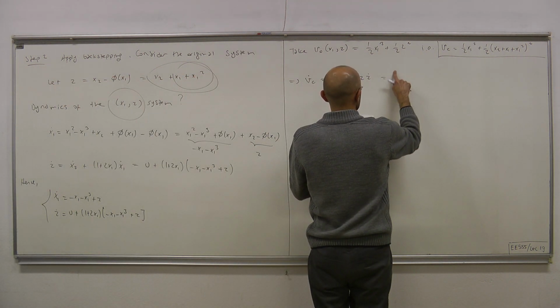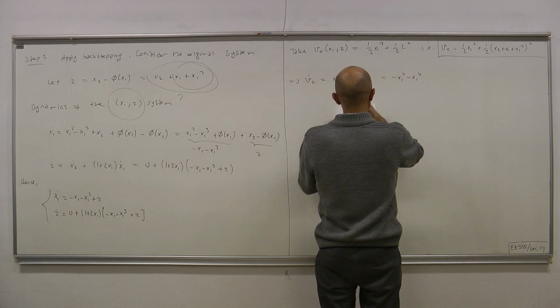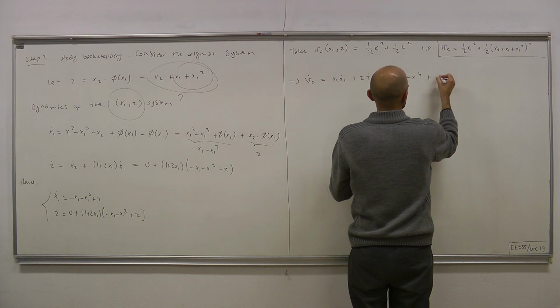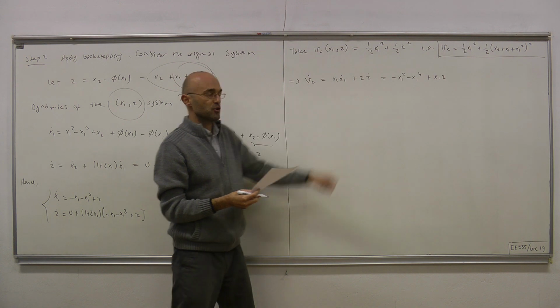So that equals minus x1 squared minus x1 to the 4 plus x1 z. That's x1 times x1 dot.